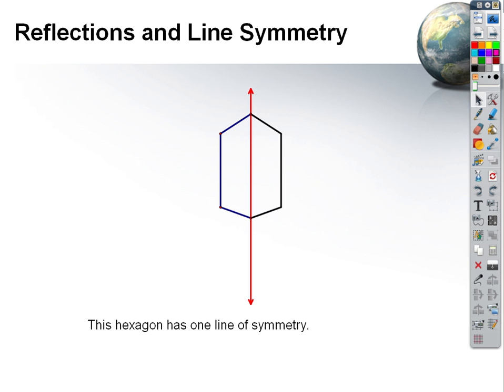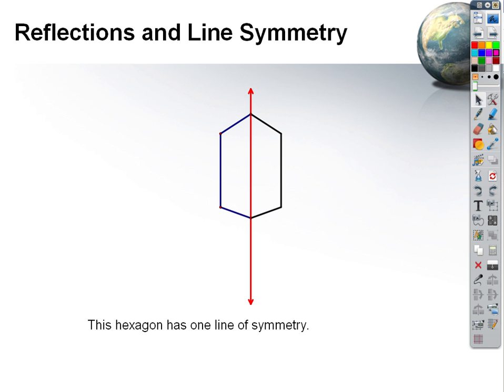I think it depends how exactly this is drawn. Potentially, if these angles are congruent, couldn't I also draw one there? Okay, but maybe they're not. Maybe this angle is a little bit different than that one. And I think that's what's intended in this drawing. So then there could only be one line of symmetry here, and that's it.